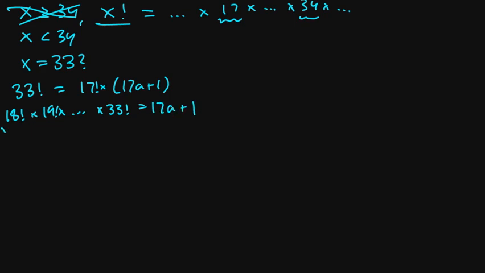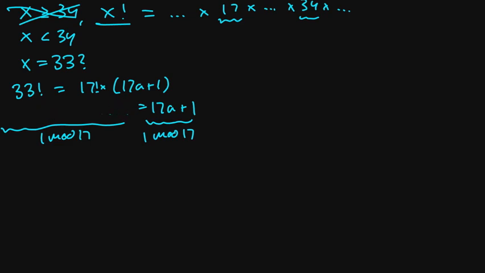Oh, I just realized there should not be factorials here. I'll rewrite this. It should just be 18 times 19 times all the way to 33, no factorials, right? So we want this right here to be congruent to 1 mod 17, because this right here is congruent to 1 mod 17. And we want this to go to 1 mod 17.